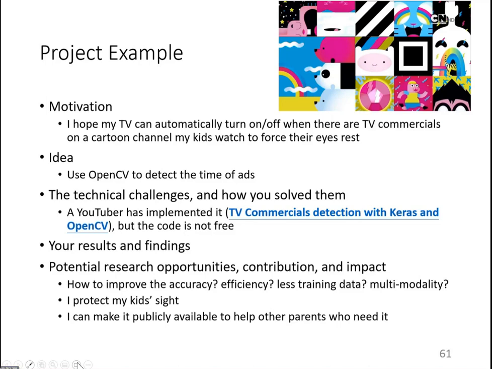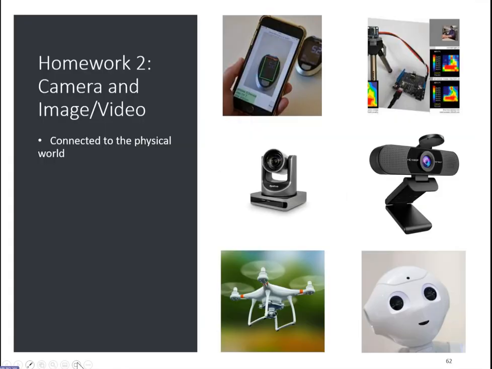Okay. And for the second homework, I hope you can use a camera. Because some images are not from a camera. The camera means a capture device, a connection between the image and the real world.